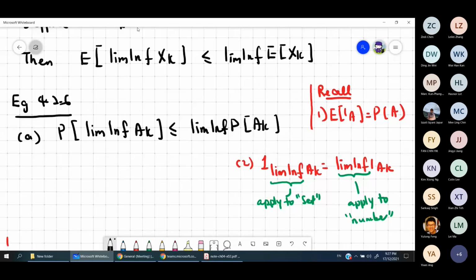So let's look at the proof. What we can do is take Xk to be 1_Ak. Just look at this formula.